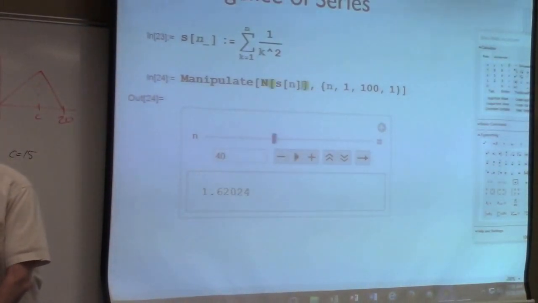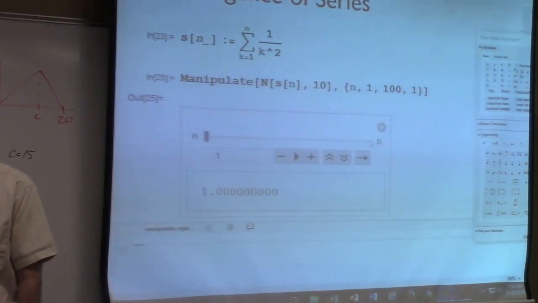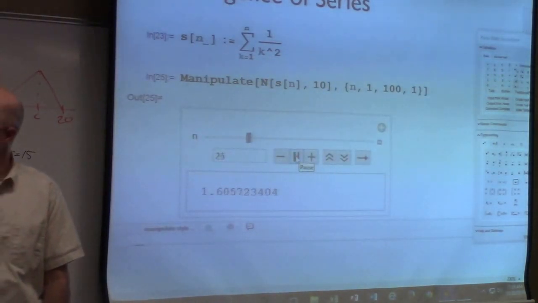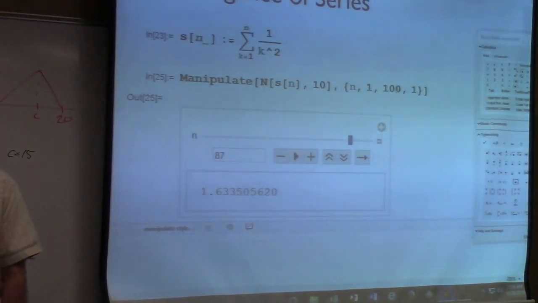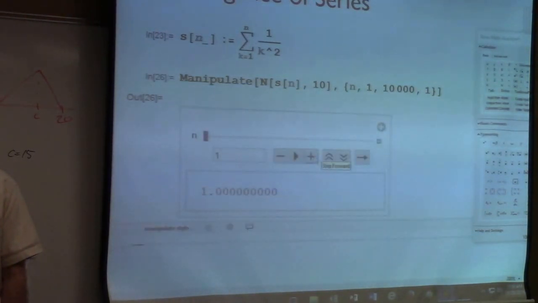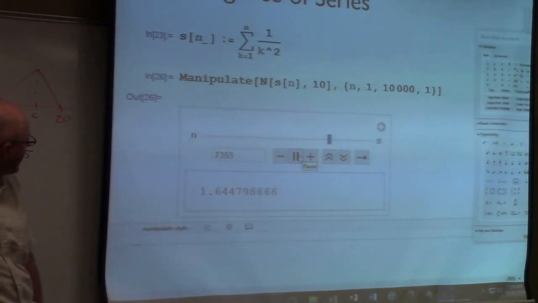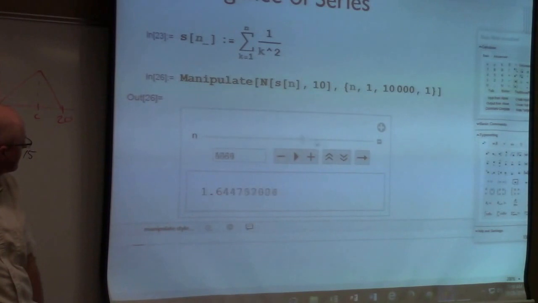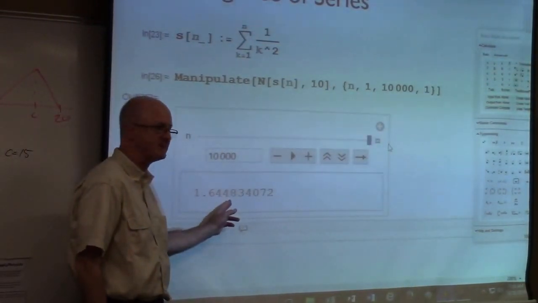If I go out, say, even 10 decimal places, do all the decimal places settle down by the time little n is 100? Nope. What if I let little n go to 10,000? When we get to 10,000, it looks like it's perhaps only settled down to, say, 3 places after the decimal, but that's no guarantee.